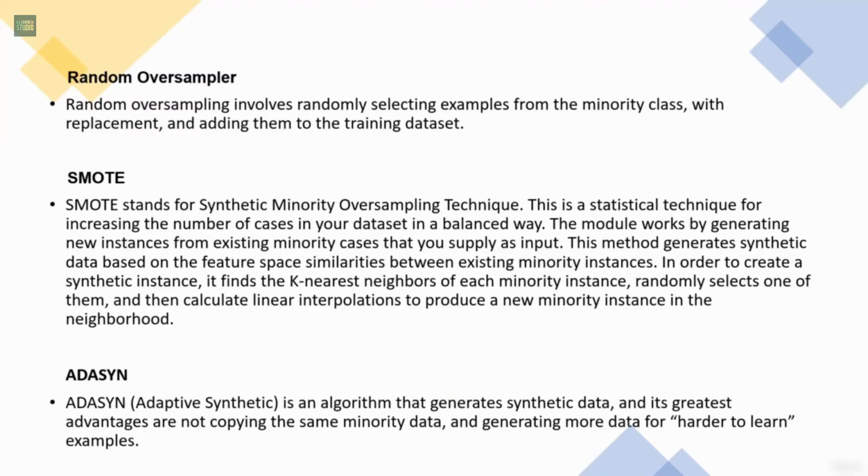In order to create a synthetic instance, it finds the k nearest neighbors of each minority instance, randomly selects one of them, and then calculates linear interpolations to produce a new minority instance in the neighborhood. So basically it generates artificial samples of the data which is less in number. In our case, those are the credit card fraud transactions. It analyzes those and creates more instances of the minority class.